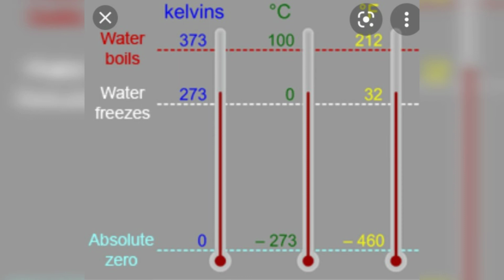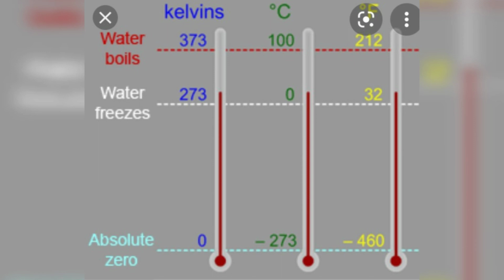He took it as 0 Kelvin. So 0 Kelvin is equal to minus 273 degree Celsius. That is the lowest temperature and the starting point of the Kelvin scale. He named 0 Kelvin as absolute zero. So absolute zero is equal to minus 273 degree Celsius in the Celsius scale. You must note it down.